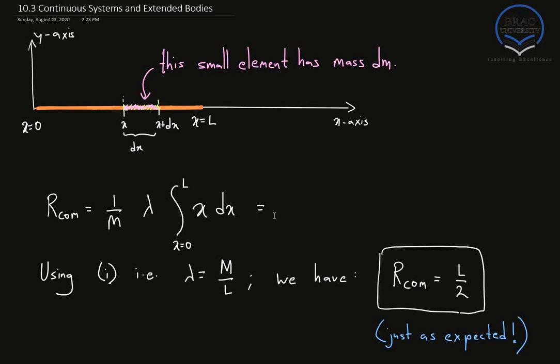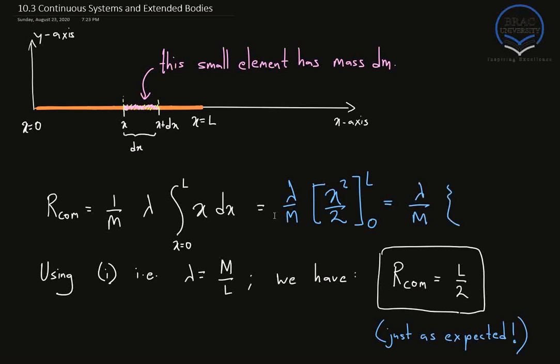So let me work this integration out for you. What we've done is we've pulled out lambda from the integration. Lambda, as we said, was a constant. We have lambda by m, and we have the integration of x, which is x squared by 2. We have to evaluate this over the interval L and 0, which gives me lambda by m.